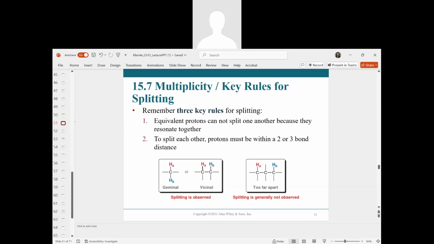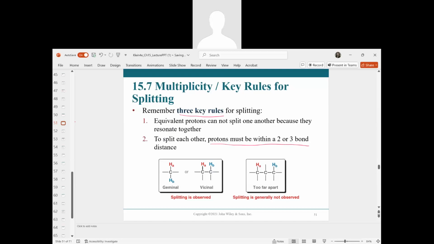Let's look at the 3 key rules when we talk about splitting. Equivalent protons cannot split one another because they would resonate together. When we do see splitting occur, it would be protons within a 2 or 3 bond distance.